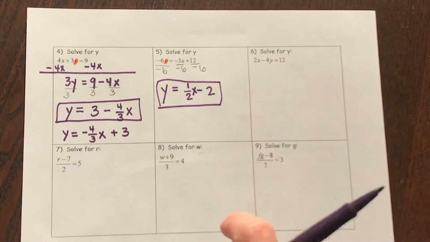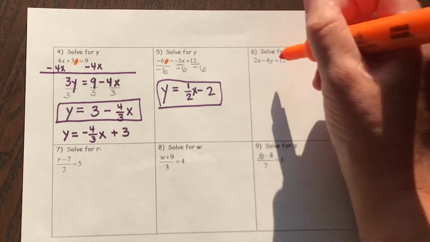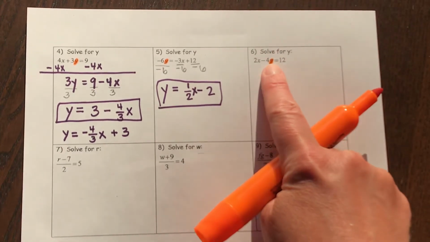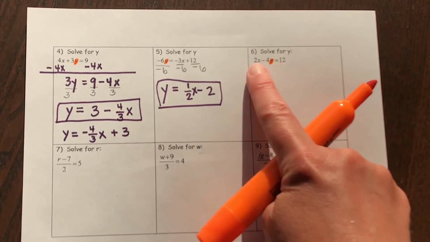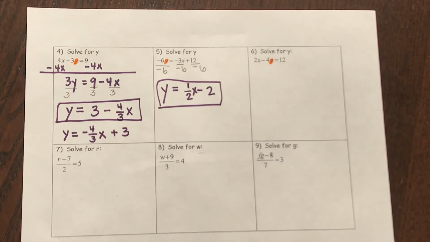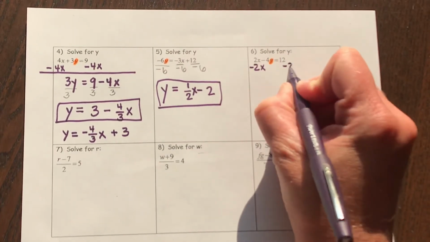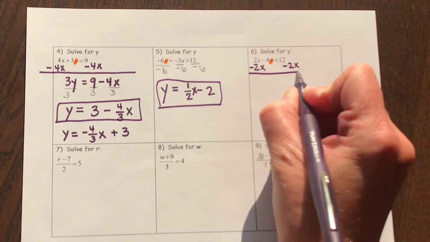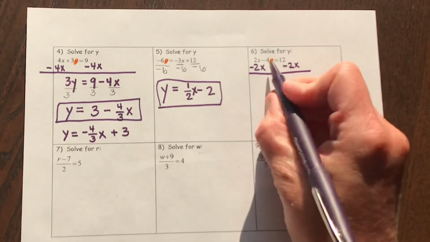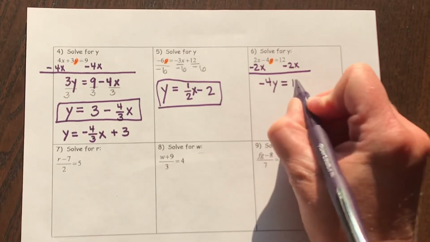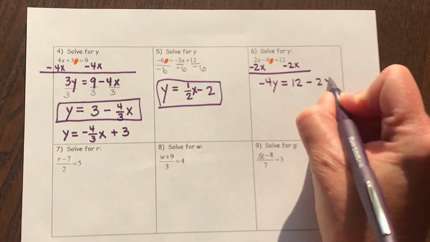And then for this next example, we are asked to solve for, again, the y term. And notice how here I have the -4y term, but in front a different term, 2x. So I'm going to start by getting rid of the term that I don't want to the other side of the equal sign. So now I have -4y is equal to 12 minus 2x.